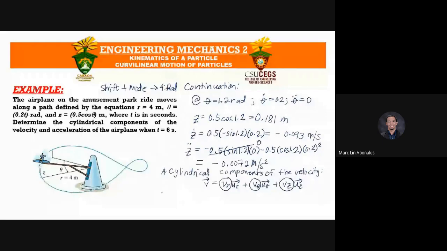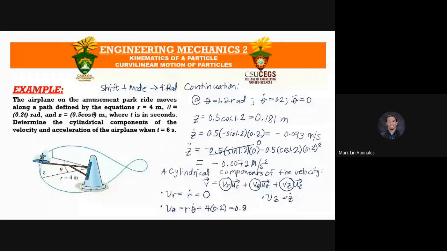So for the VR, the same lang sa previous examples that is equivalent to R dot. So based sa itong i-compute kanina, that is actually 0. V theta, that is R times theta dot. So that is 4 times 0.2. So that is equal to 0.8. And lastly, the VZ is equal to Z dot.